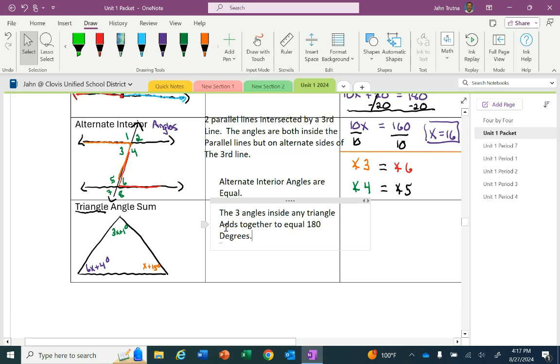So the 3 angles inside any triangle add together to equal 180 degrees. Okay?